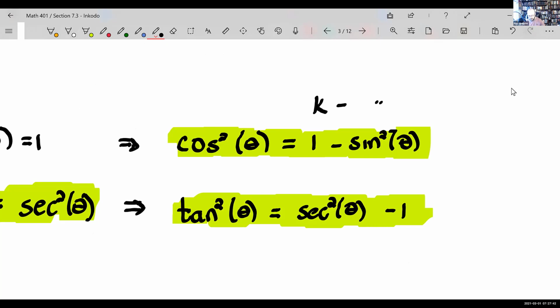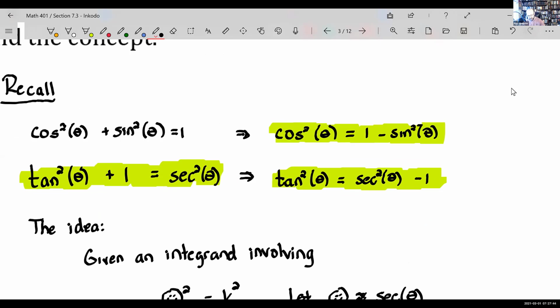And then we had these 2 other highlighted versions here. If you have a sum of squares, you're going to use a tangent substitution. If you have a difference of squares where the unknown is the first thing squared, then you use a secant substitution. We'll continue with that today, so don't worry if it's been a little bit.